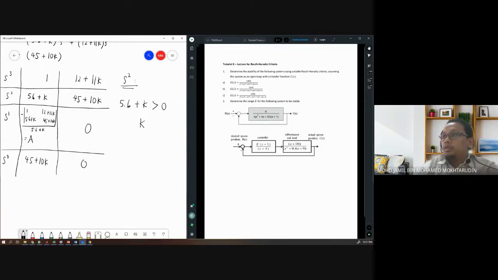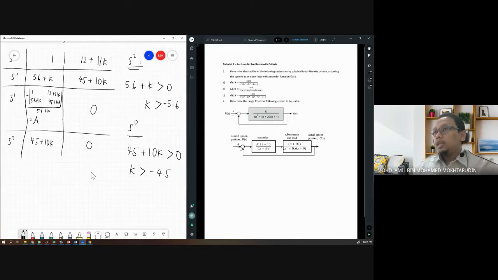So we have K bigger than negative 5.6. That's the first K. And then we look at s naught. We have 45 plus 10K must be positive, so we have K bigger than negative 4.5.